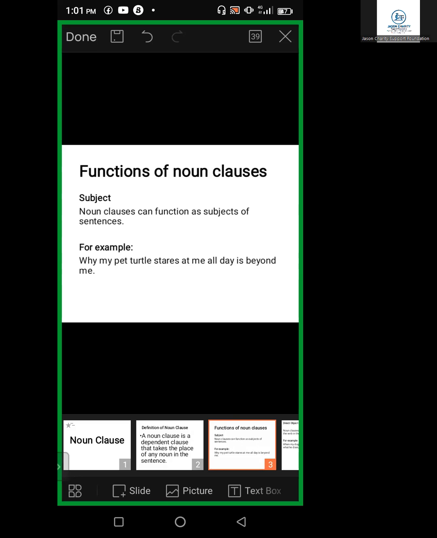But if you have your actor coming before your action, that is an English sentence. So you must take it that when you want to identify your noun clause as a subject of the sentence, it must come before the predicator in your sentence. Your predicator is the verb, the major action carried out in that sentence.